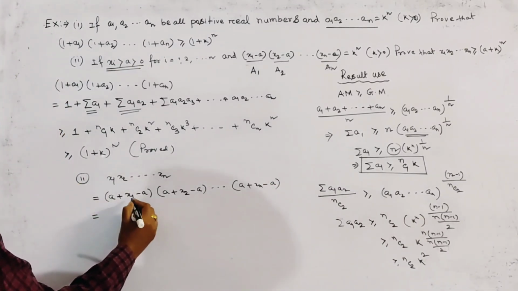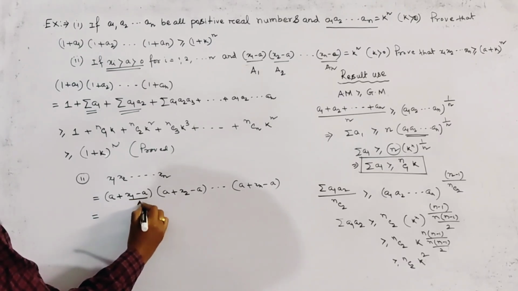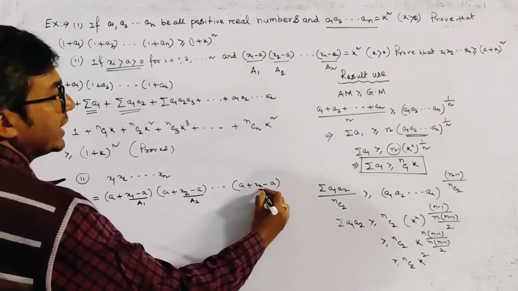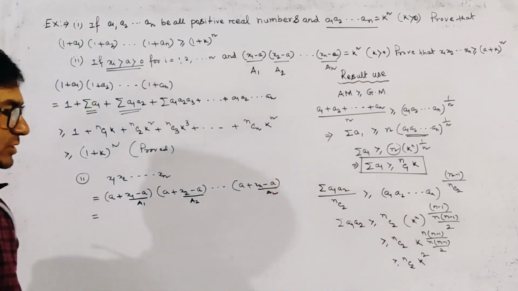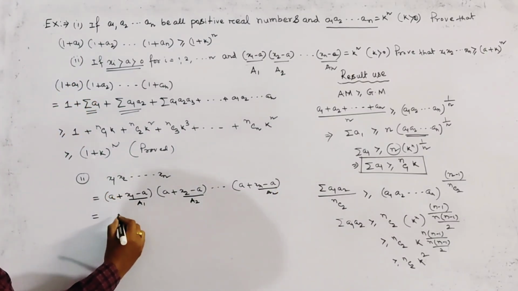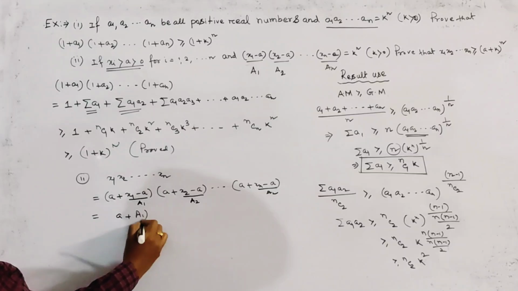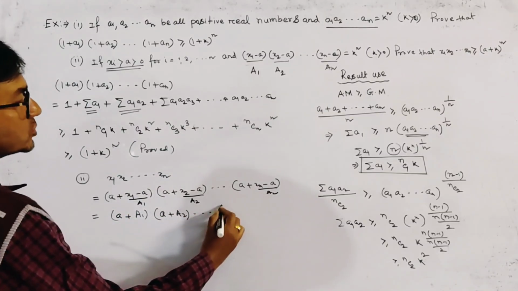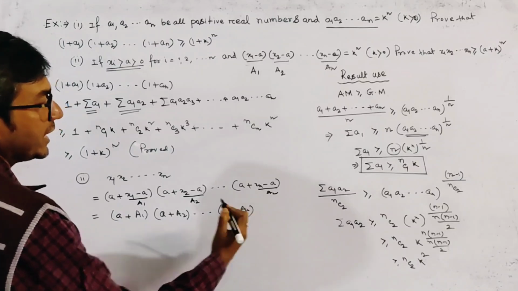Now we put capital A1 in place of x1 minus a, capital A2 in place of this, and capital AN in place of this. So this expression can be written as (a plus capital A1), (a plus capital A2), and so on, (a plus capital AN).